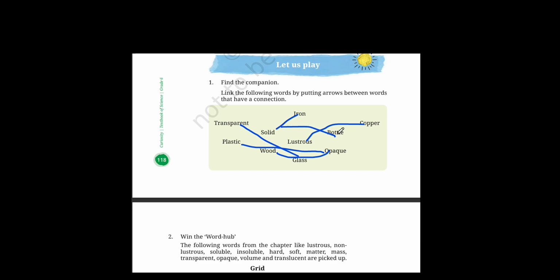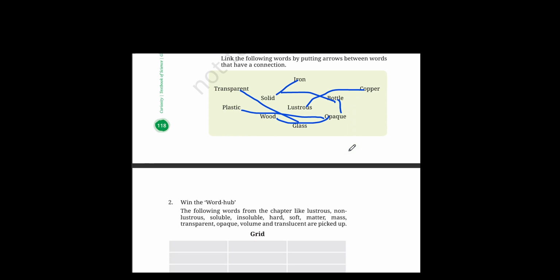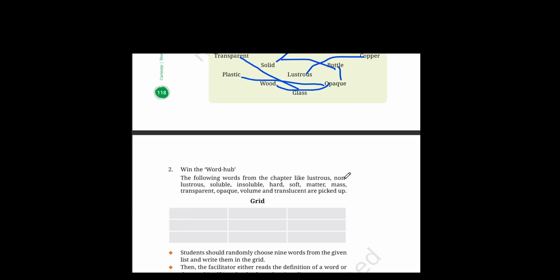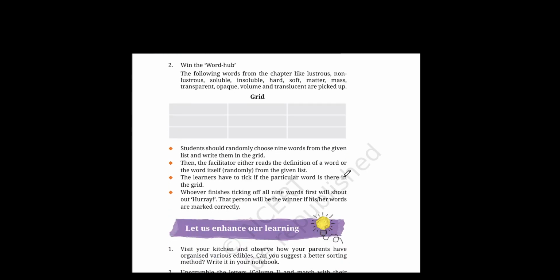Or we can say bottle is also opaque. So these are the companions we have matched. If the bottle is made up of glass, then we can match it to transparent. So second question, you can choose, you can do on your own, and the person who wins will shout out hooray at the end.